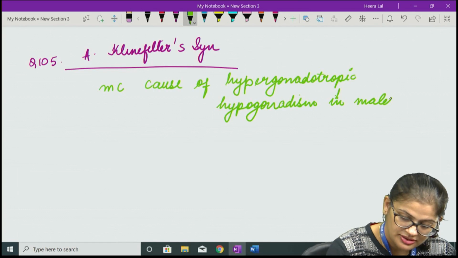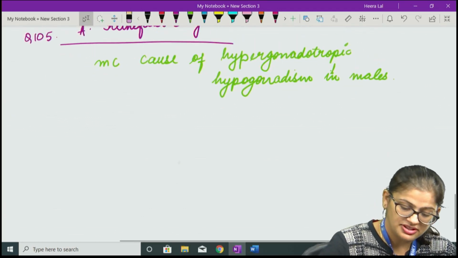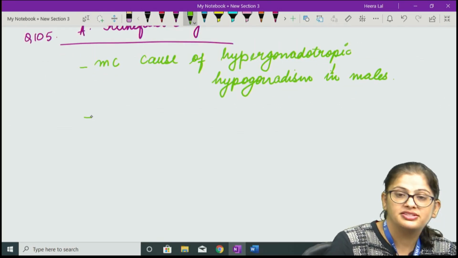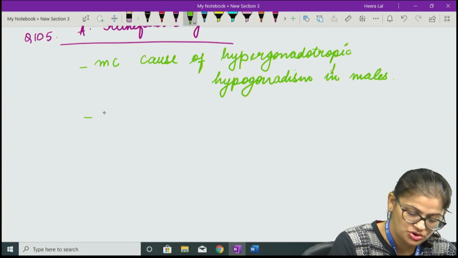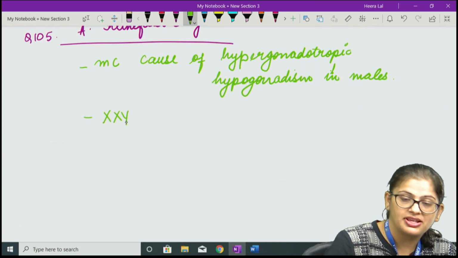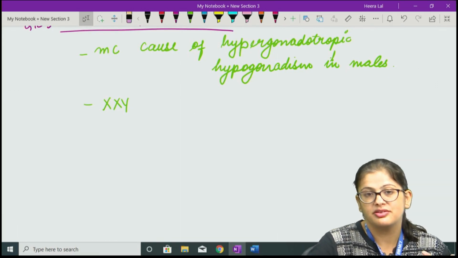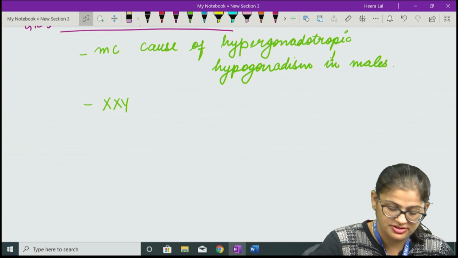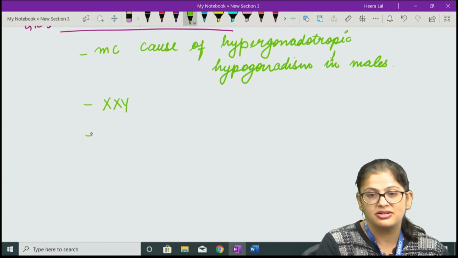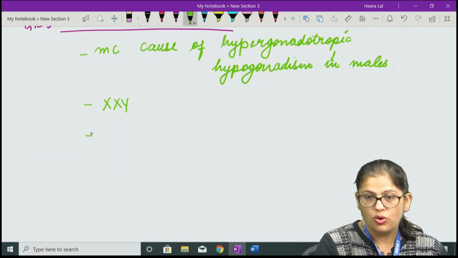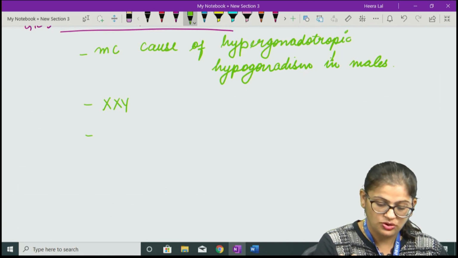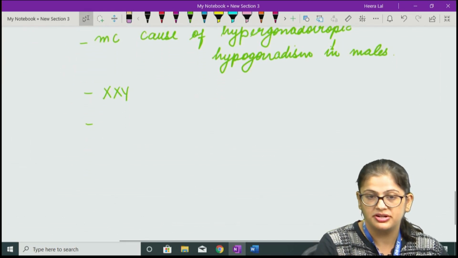So this is a genetic disorder, and in this it is found that there is an extra copy of the X chromosome, and it has been said that as the number of X chromosomes increases, the severity of the disease also increases, and this condition should be suspected in any boy who is tall stature, who has mental retardation.